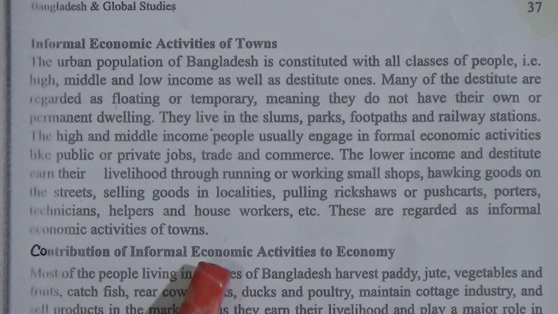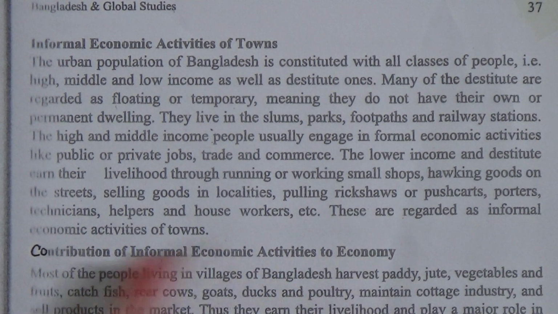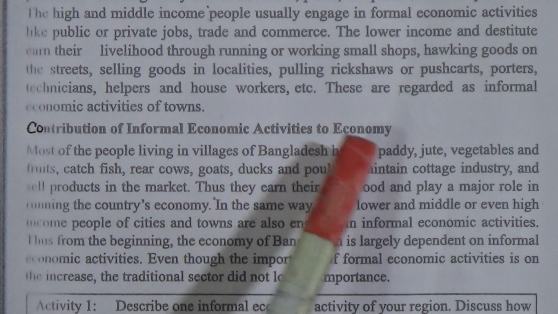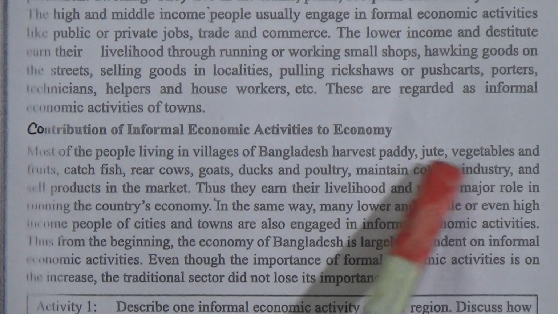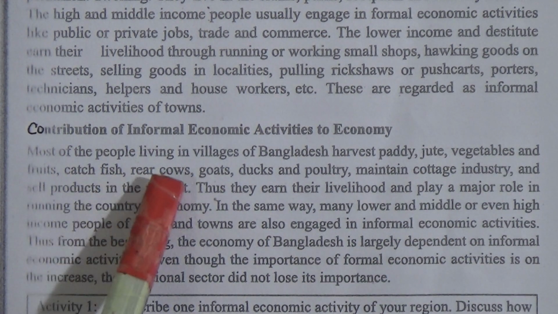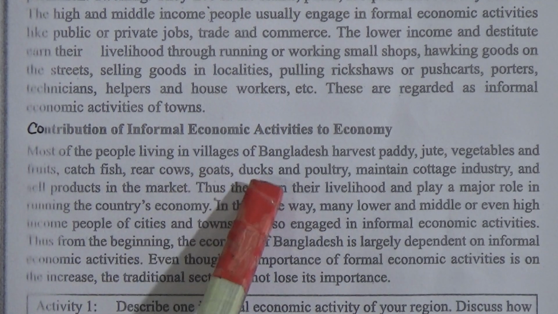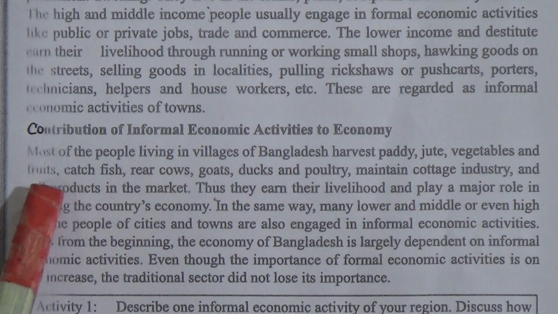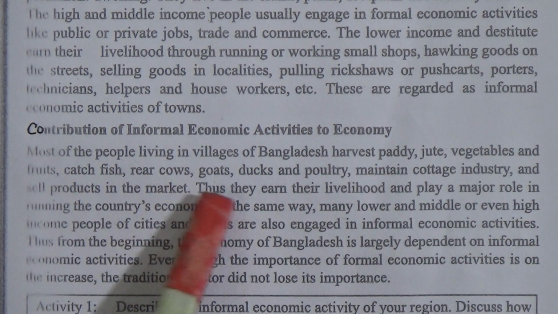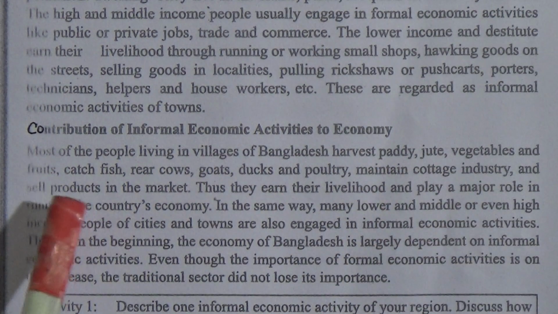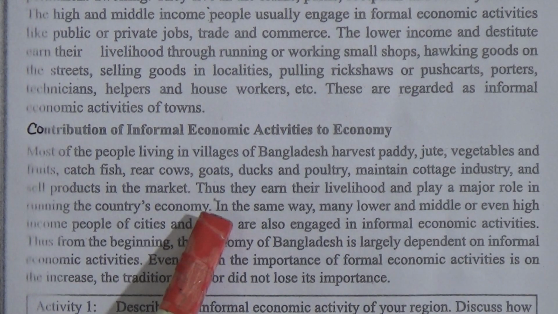Contribution of informal economic activities to economy. Most of the people living in villages of Bangladesh harvest paddy, jute, vegetables and fruits, catch fish, rear cows, goats, ducks and poultry, maintain cottage industry and sell products in the market. Thus, they earn their livelihood and play a major role in running the country's economy.